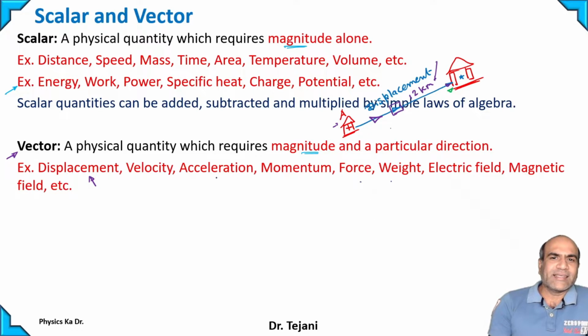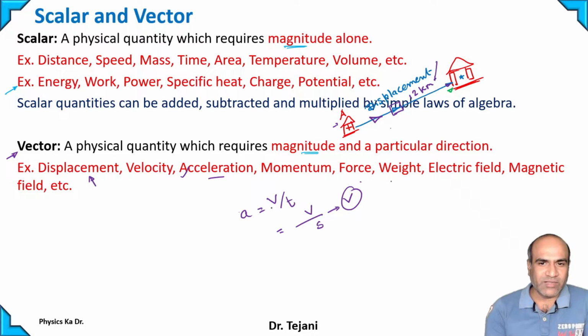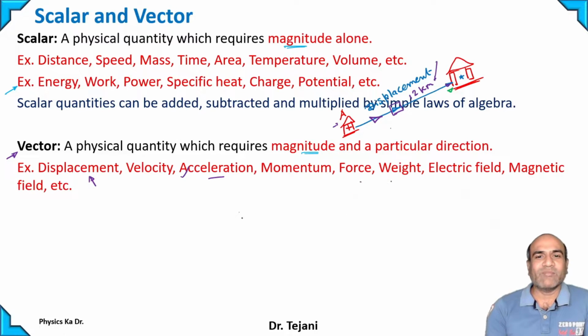Then next is acceleration. What is acceleration? We know that acceleration is equal to velocity divided by time. Velocity we already saw is a vector quantity. Time is a scalar quantity. Therefore, acceleration becomes a vector quantity. Remember that. The next is momentum.